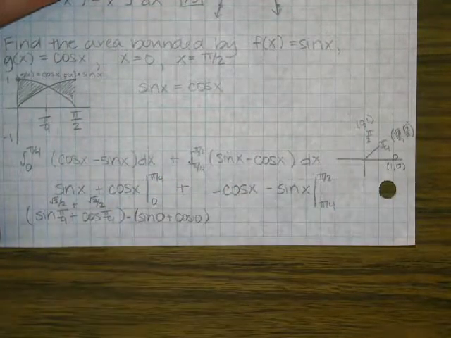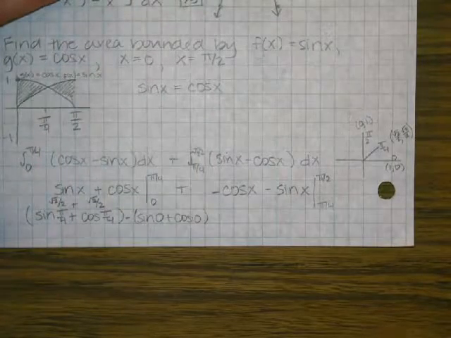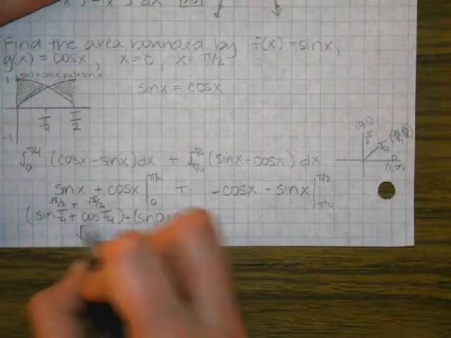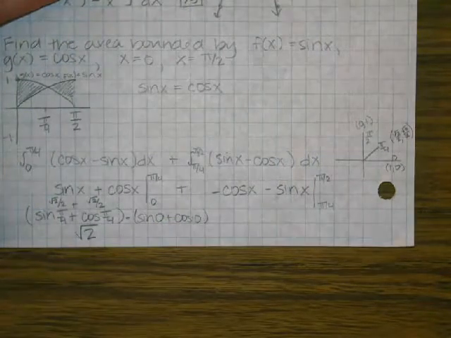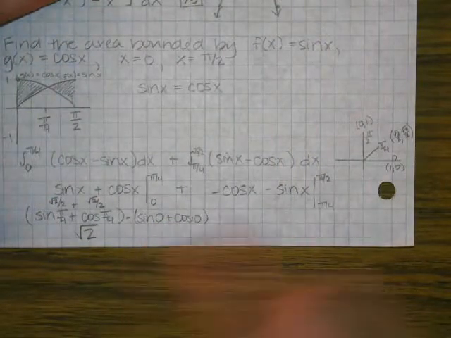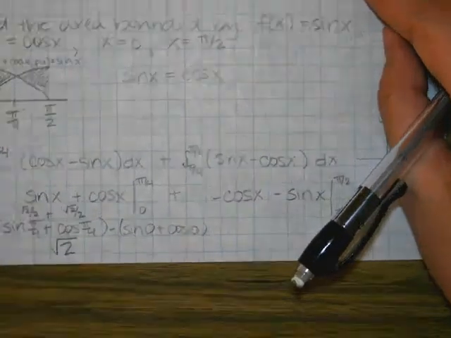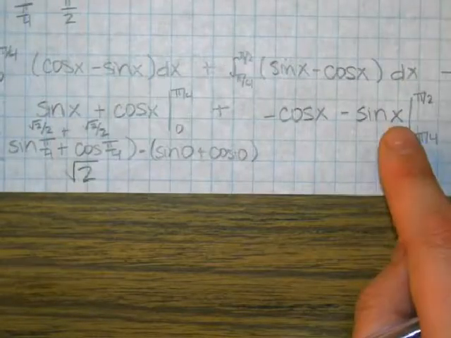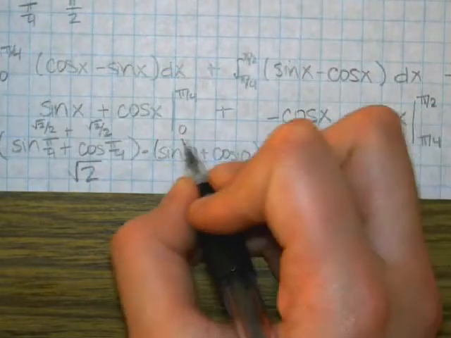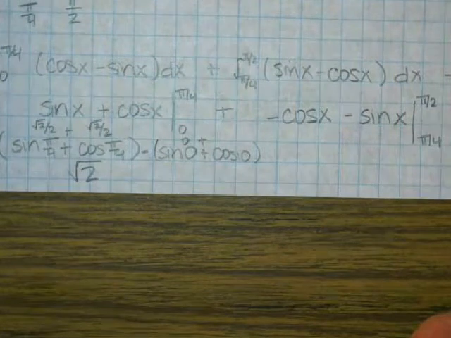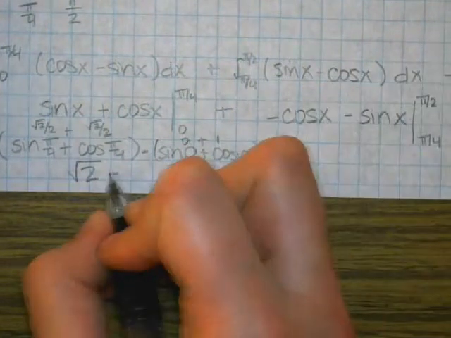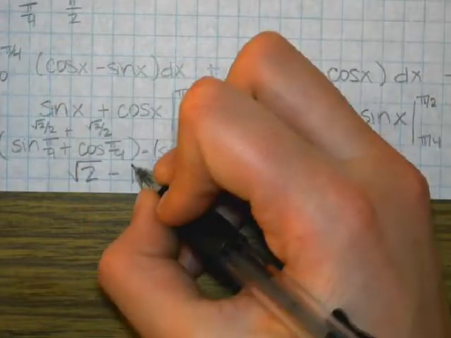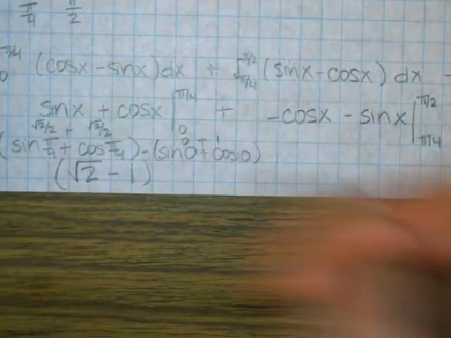What happens when I add half of a root 2 plus another half of a root 2? I just get root 2. What is sine of 0? It's 0. So 0 plus, what's cos of 0? 1. So for the first one, we have root 2 minus 1.